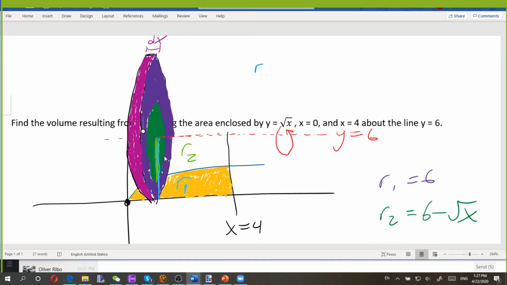So your first radius will always be the distance from the axis of rotation to the outermost function.